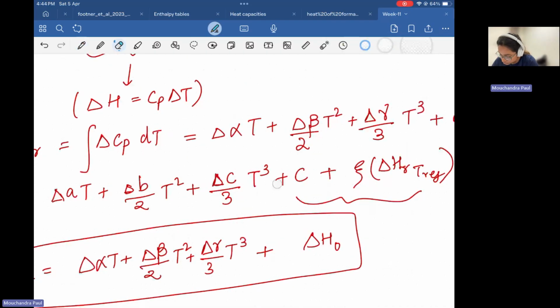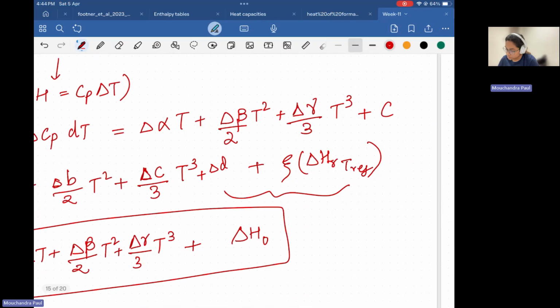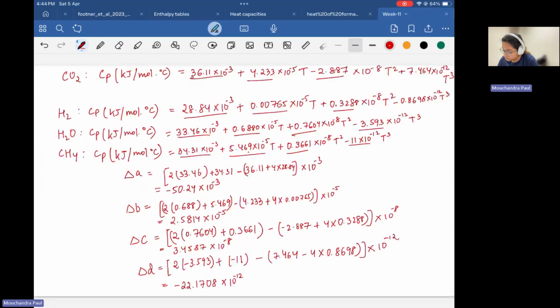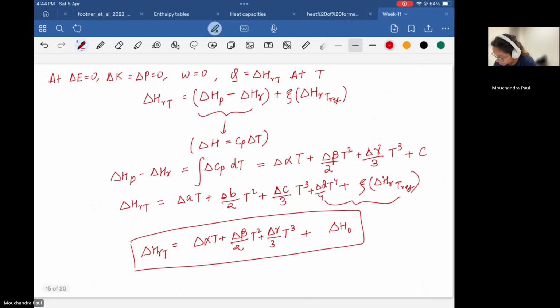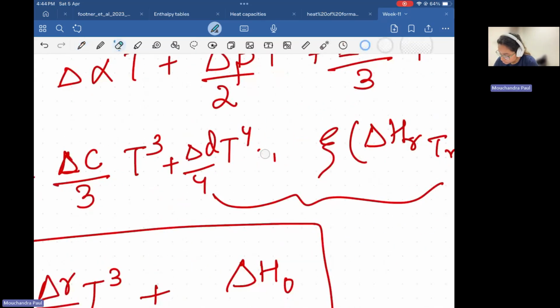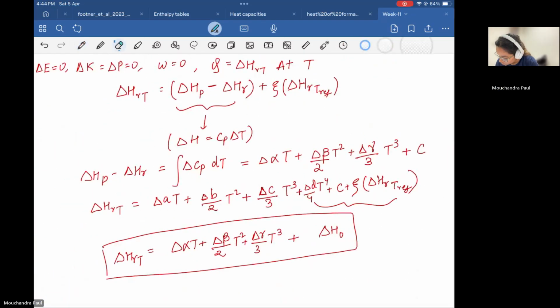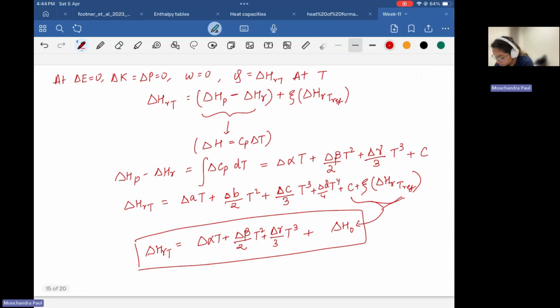There will be one more term here, delta D. Now in our expression there is T cube, so when we integrate it, it becomes T to the power 4 by 4, plus C plus this. Okay.